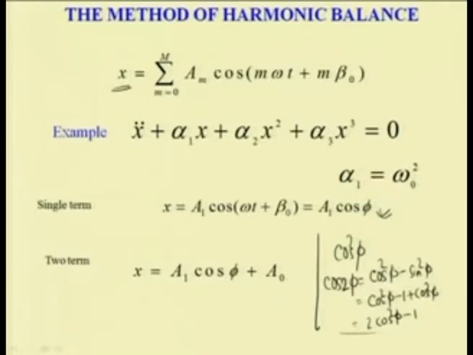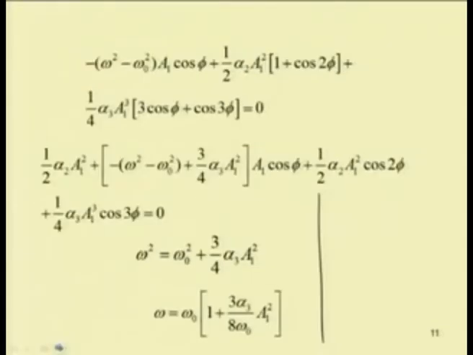So, we have to write this cos cube phi, similar to cos square phi equal to half 1 plus cos 2 phi. Similarly, we can write cos cube phi in terms of cos 3 phi, and we have to substitute that expression in this.